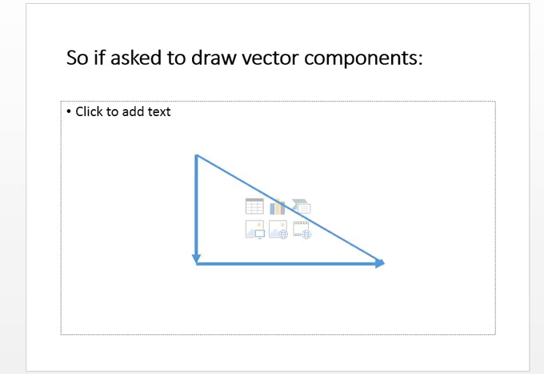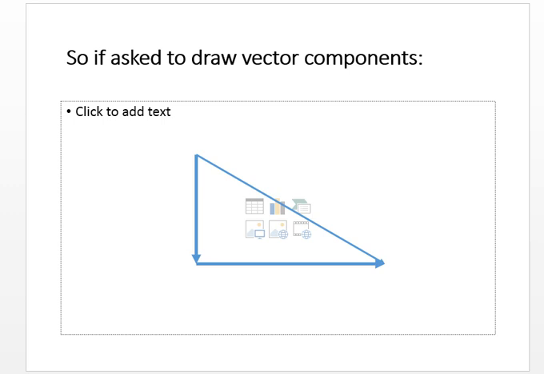If I'm asked to draw a vector component, so if you look here, this vector at an angle is pointing down. So it has a y component that starts at the top of it and points straight downward. If you're asked to draw vector components, I expect you to draw that component as an arrow pointing down, and it will stop where the vector stops, right? You don't want to go any further, and you don't want to be too short. It needs to be a vector, and then you need to label it delta y.